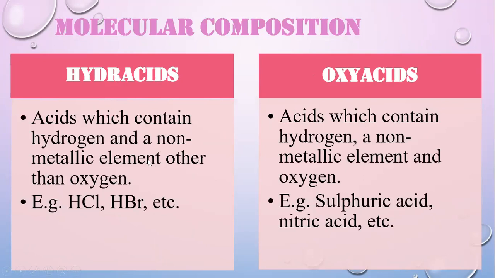Acids which contain hydrogen and a non-metallic element other than oxygen are called hydracids. Oxyacids. Acids which contain hydrogen, a non-metallic element, and oxygen are called oxyacids. So if you can see, in hydracids, oxygen is absent, and in oxyacids, oxygen is present.